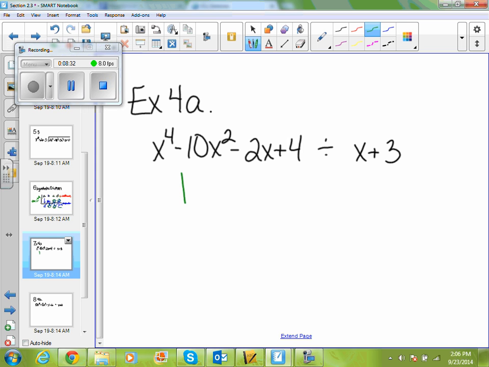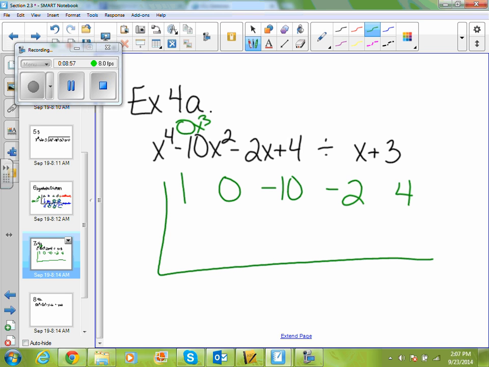So x to the 4th has a coefficient of 1. I don't have an x cubed term, so that's a 0. My x squared term is negative 10, my x term is negative 2, and my constant term is 4. So those are my coefficients.